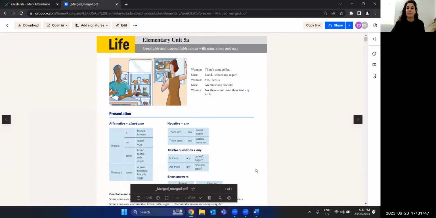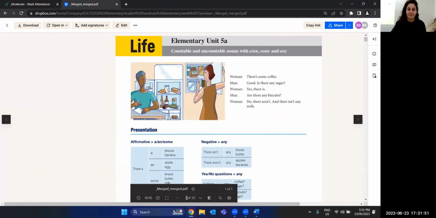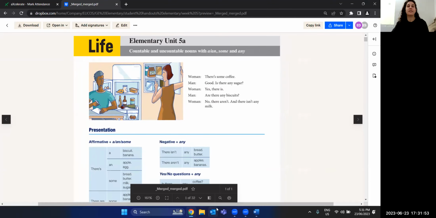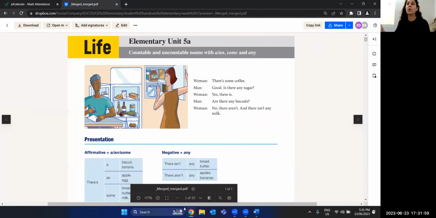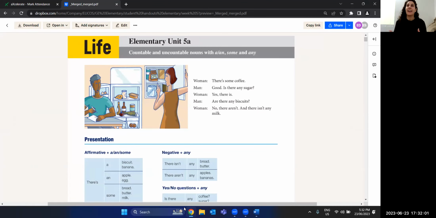This is what we're looking at, the extra materials for Unit 5. So I can see that there's a conversation with a woman and a man. And the woman says, there's some coffee. So I want you to take note, recognize that word some.